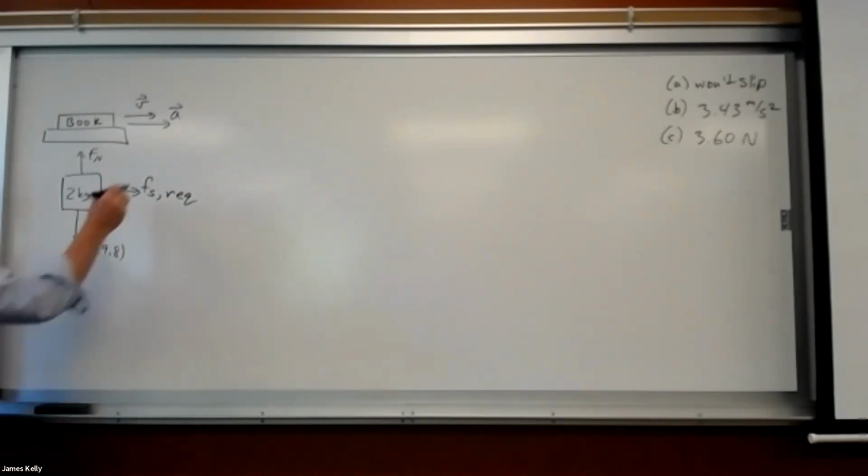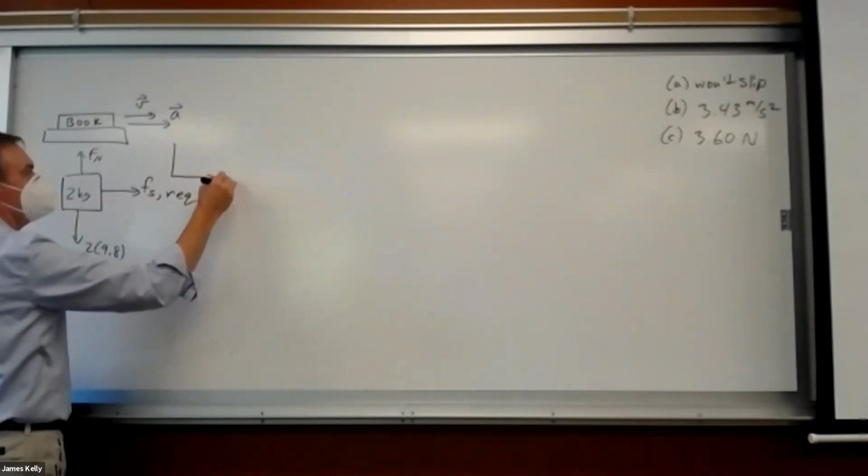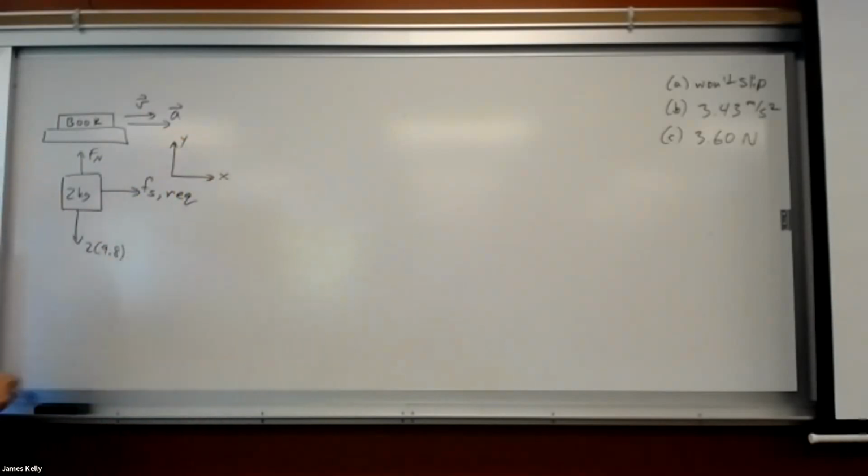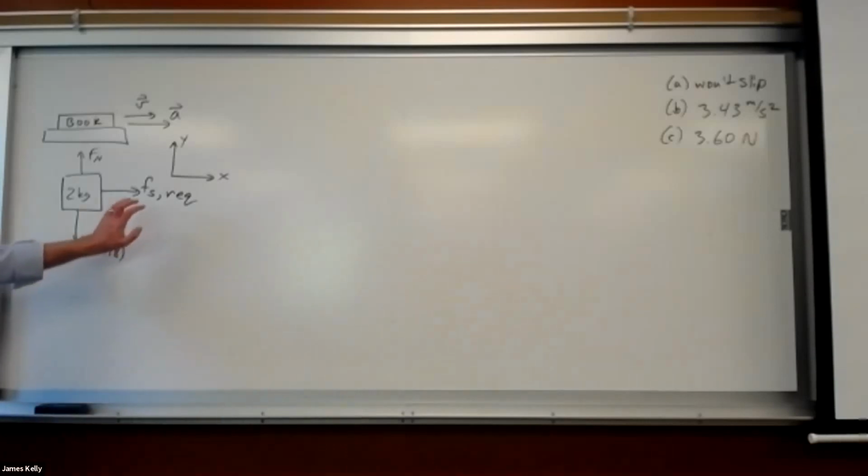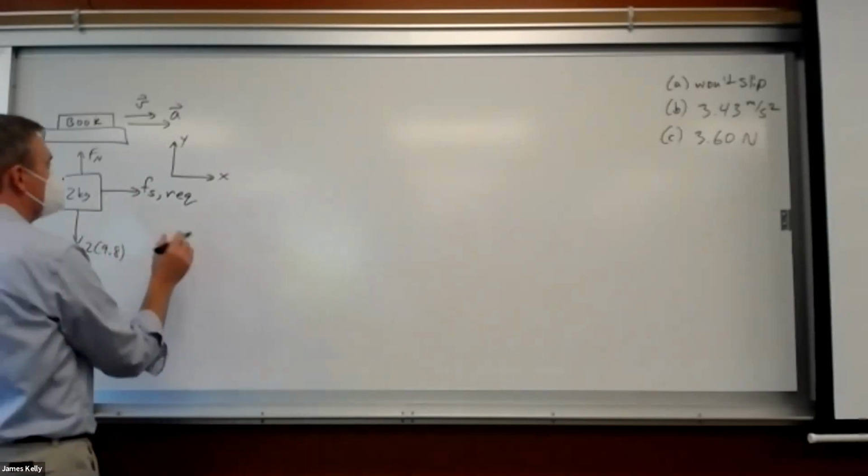Okay, and let's put some axes on there. In this case, nothing's tilted, so let's, as always, take one of the axes along the direction of the known acceleration. So there's a free body diagram, axes. And so I've got to figure out the required static friction force, and then in a separate calculation, figure out what the maximum static friction force is, and then we'll think about those. So first this.